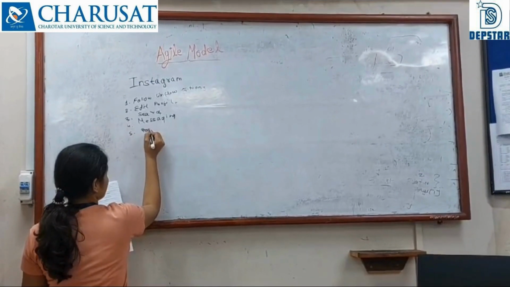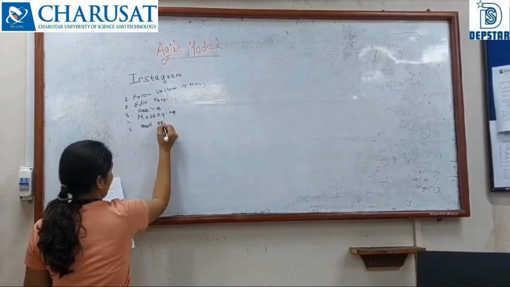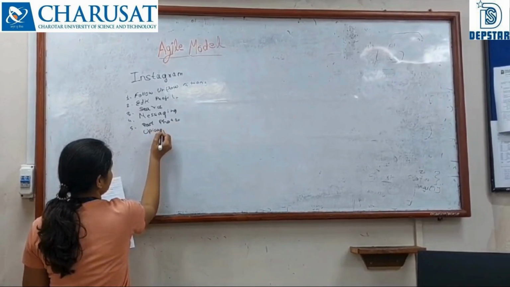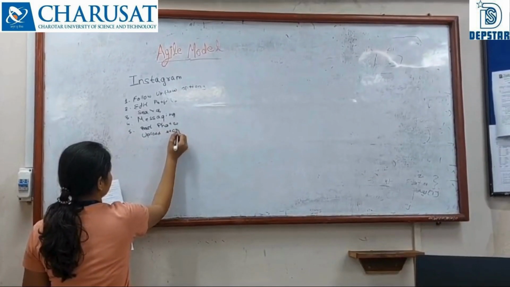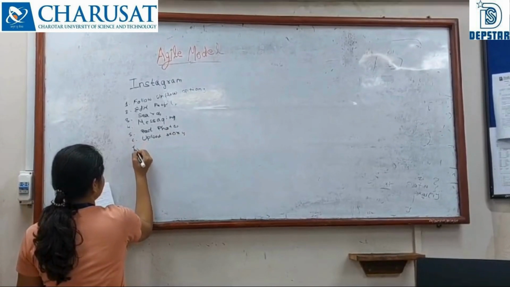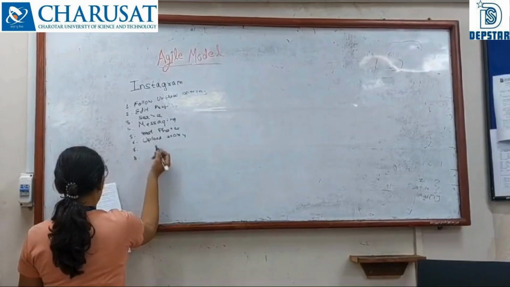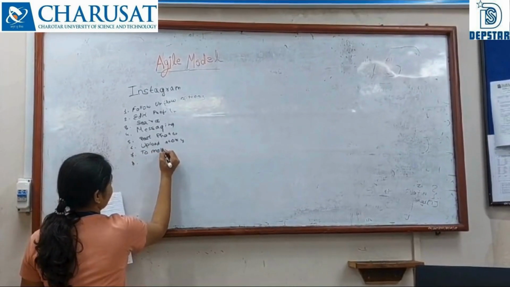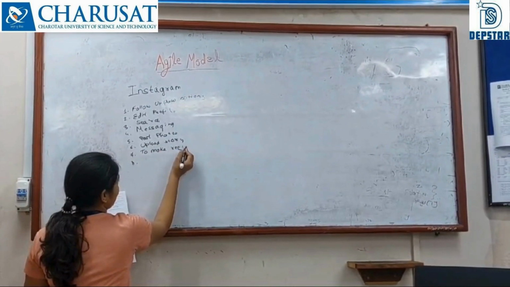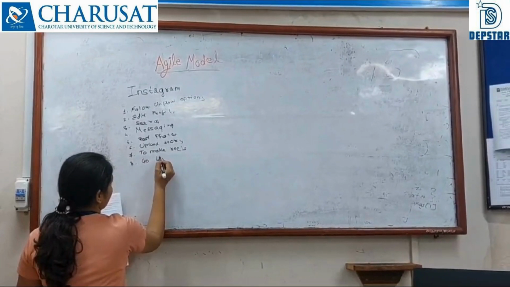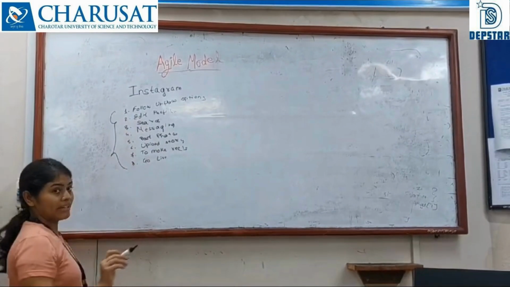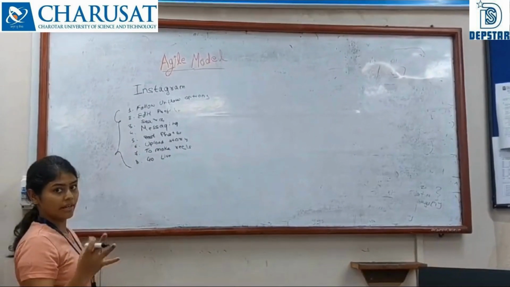Fifth is posting photos. Then upload story, make reels and go live. So basically these are the 8 requirements that are needed for Instagram.